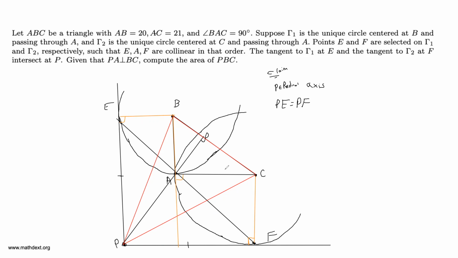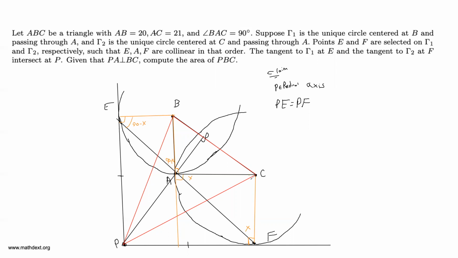Now I'm going to call this angle X. Angle CAF is X and angle CFA is X, because triangle ACF is isosceles with CA equal to CF, since they're both radii. Since angle BAC is 90 degrees, this angle over here is 90 minus X. Angle BAE is 90 minus X, and this angle over here is 90 minus X as well.